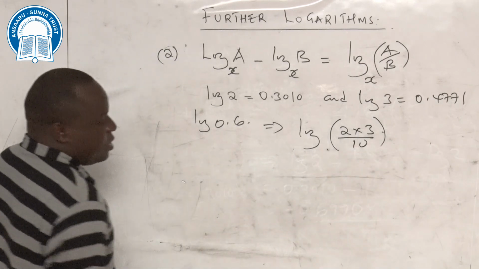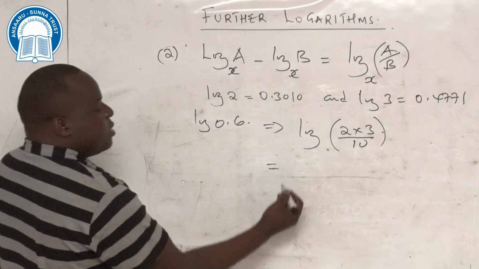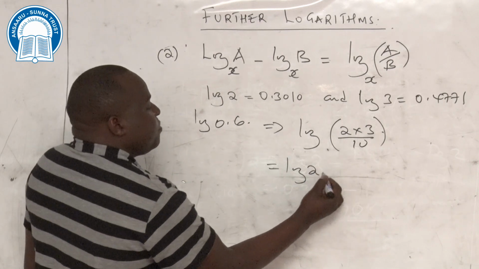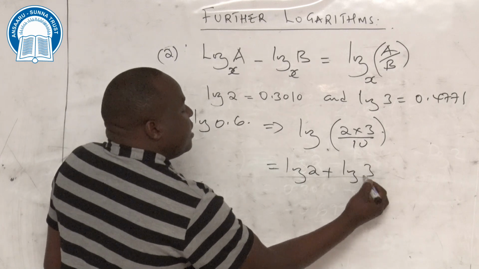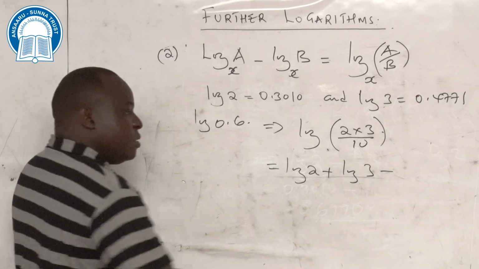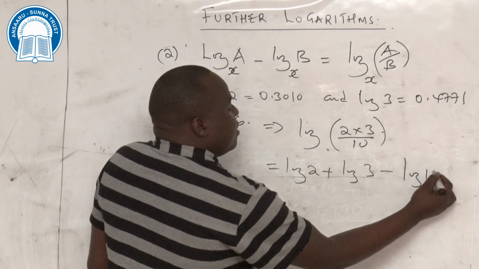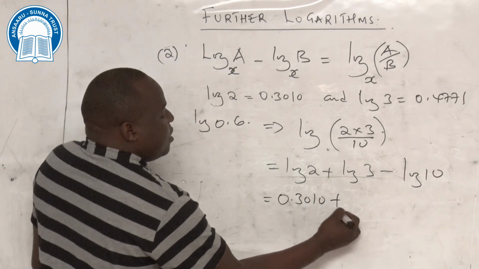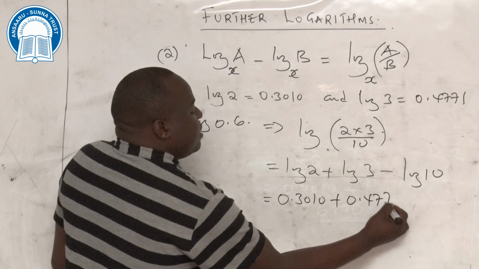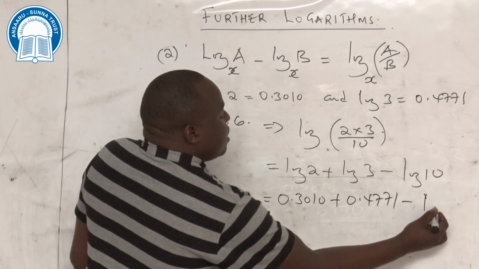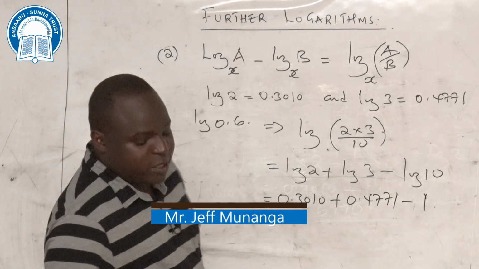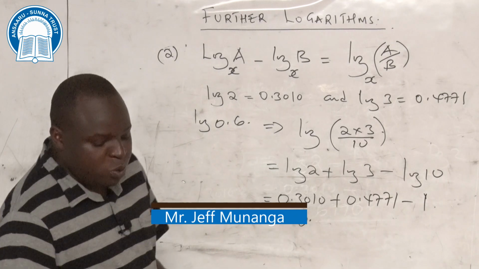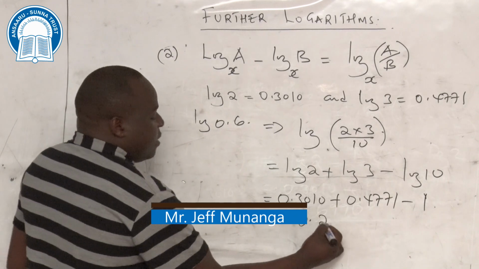This gives you 0.6. So according to the explanation, this is the same as log 2 plus log 3 minus log 10, which equals 0.3010 plus 0.4771 minus 1. And if you work out this value, it should give you negative 0.2219.